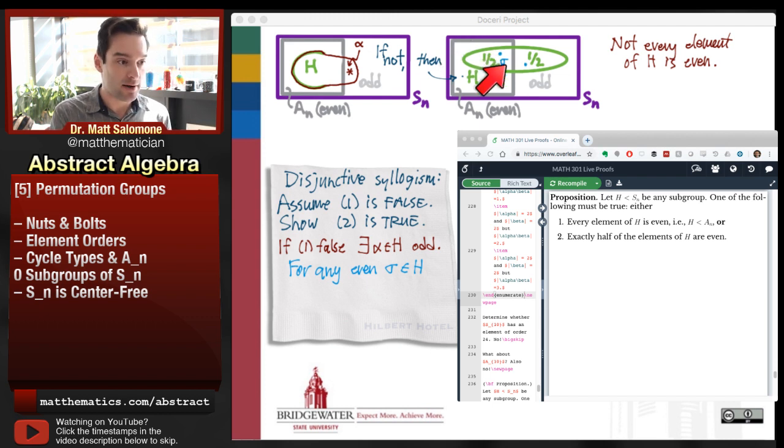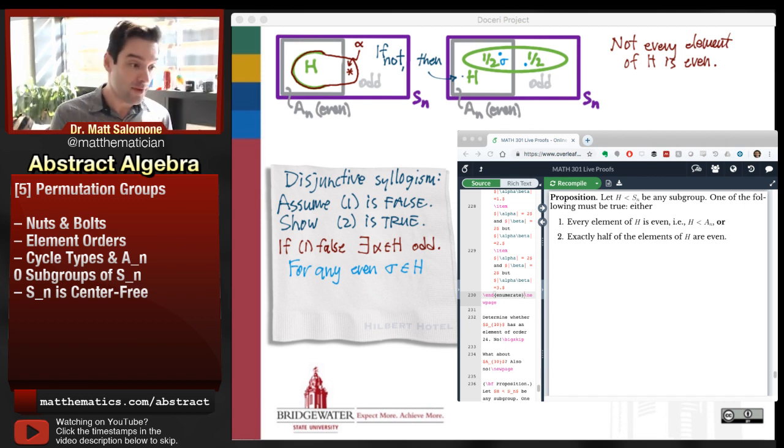Right? How can I produce an odd element of H if you give me a particular even element of H? And the key, the secret sauce, is that we know H has some odd element in it. We're calling it alpha, right? Alpha is my looking glass. Alpha is this thing that's going to reverse the character of anything that I compose it with.